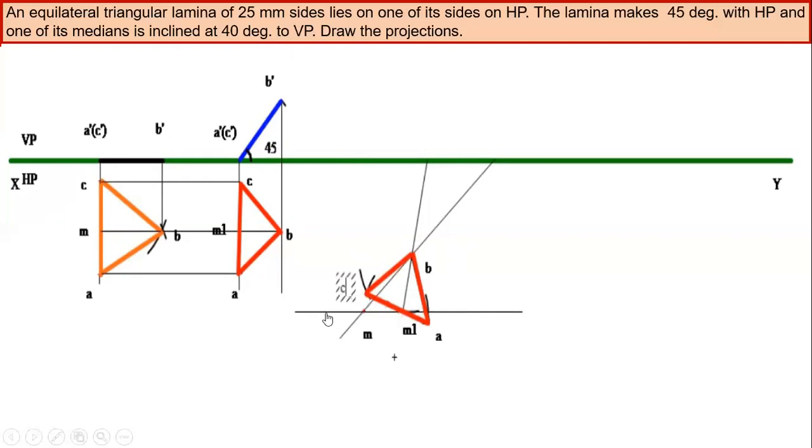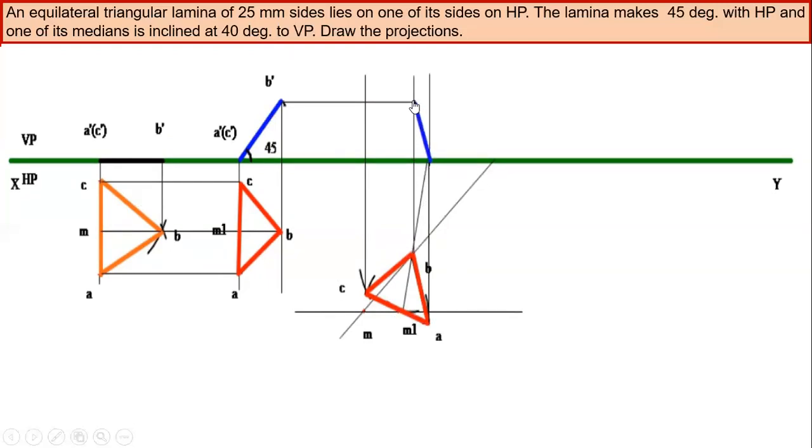Now project all the points onto the XY line and project your front view also. Now name the points. A with A dash, this is the point A dash.